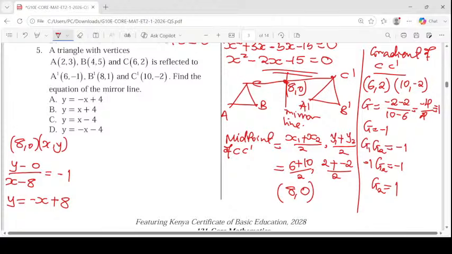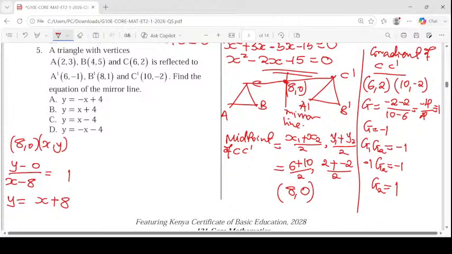So I get the gradient as negative 1, but gradient 2 was positive 1. My gradient should be positive 1, not negative 1, because gradient 2 is 1. So when you multiply, you should get y is equal to x plus 8.